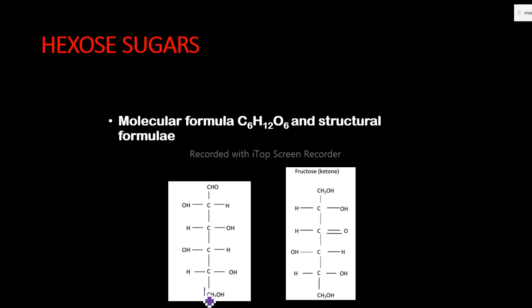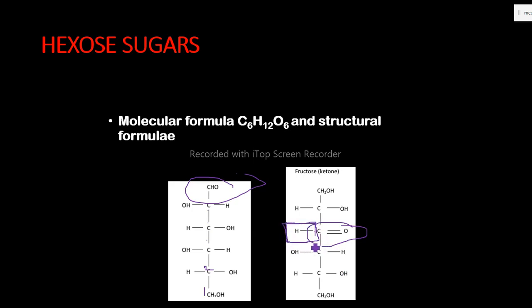Even this one, 1, 2, 3, 4, 5, 6. So they all have the same molecular formula. However, when it comes to the structure, the structure becomes different. For instance, you can see this one has an aldehyde group, but this one has a keto group. This hydrogen is not there, it's a mistake.